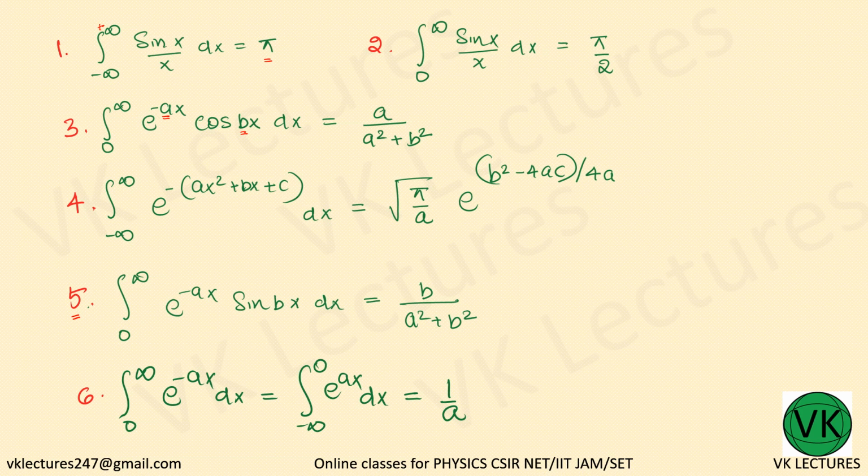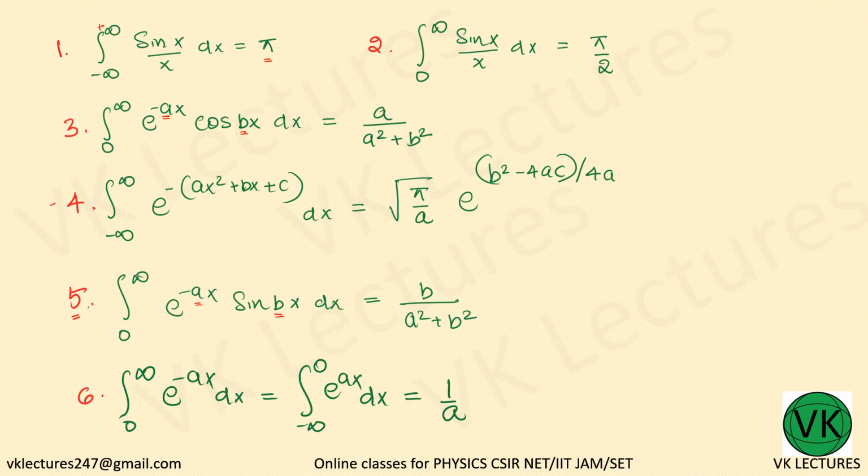So it is b divided by a square plus b square. The integral for cos bx dx is a divided by a square plus b square, where a is the coefficient of x in e to the power minus ax. Here it is b divided by a square plus b square.